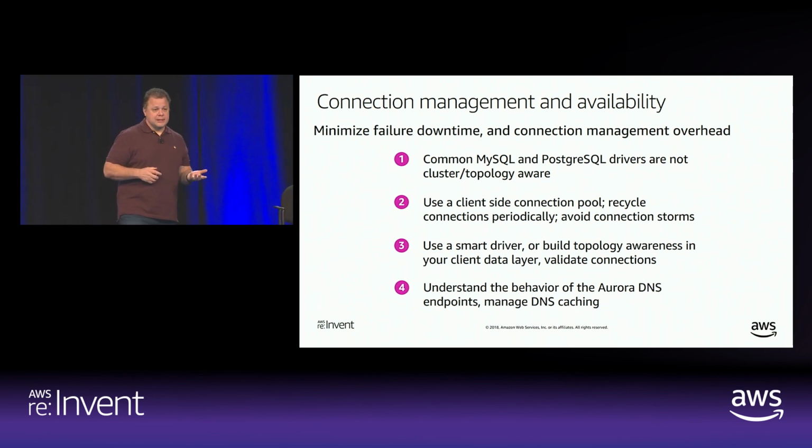And so what you might see is getting errors back in the application saying, this is a read-only instance, you can't perform write-based queries here. That's because the application has not picked up on the fact that those two have switched places. Now, failover with Aurora is based primarily on DNS, right?